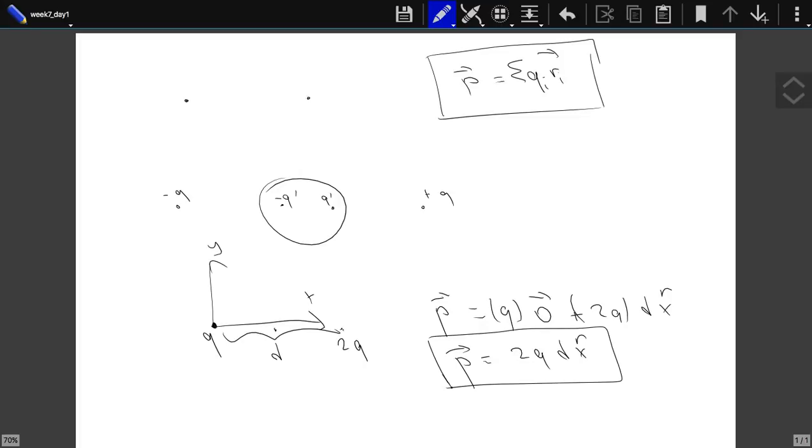And the dipole will just give a very small correction to the potential, but still you have a dipole moment. Other questions?